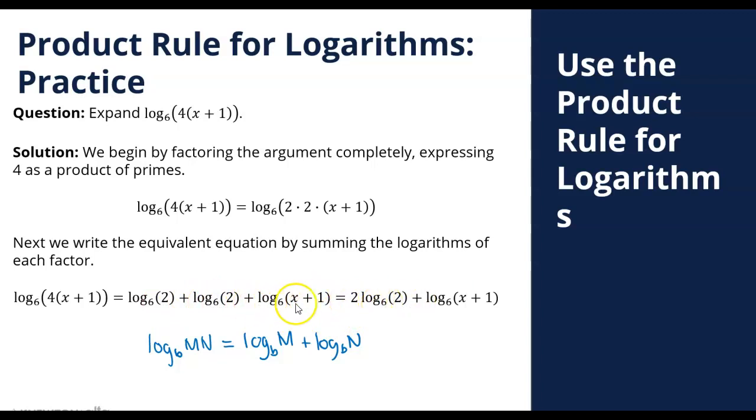And then just copy this, so plus log of x plus 1 base 6. Therefore, the expanded form of log of 4 times x plus 1 is equal to 2 log 2 base 6 plus log of x plus 1 base 6.